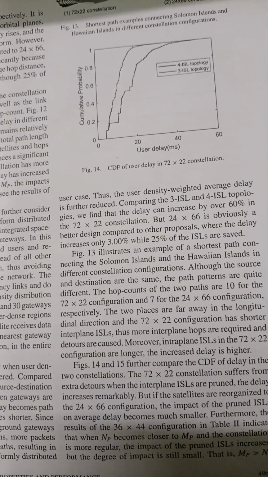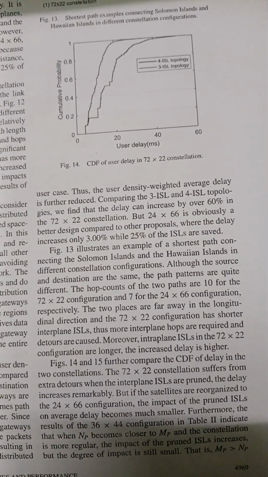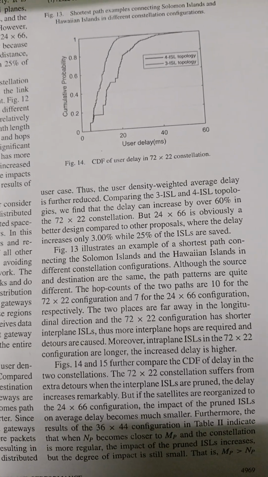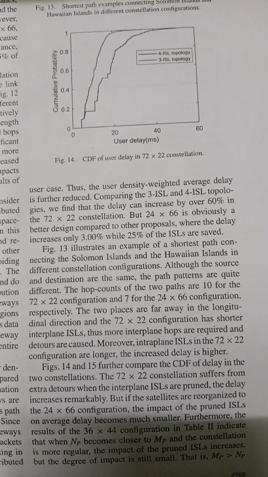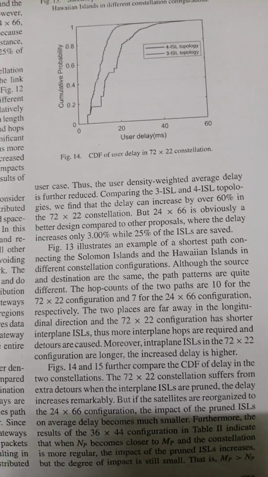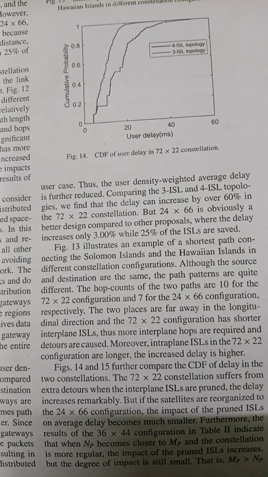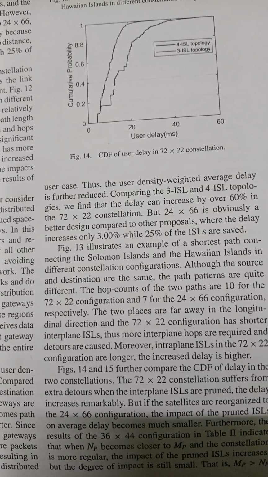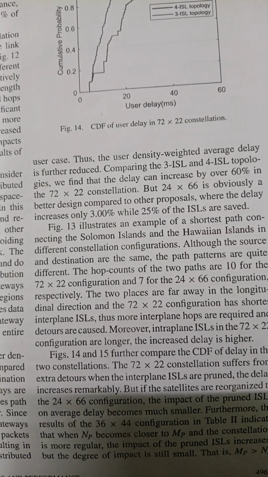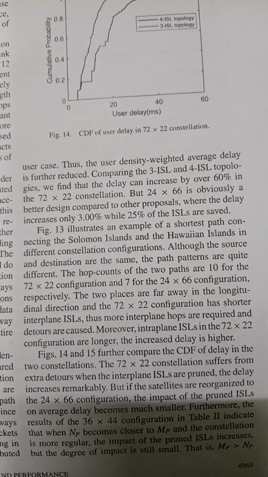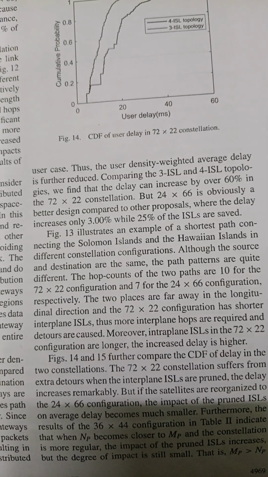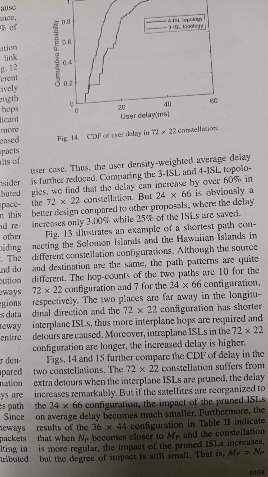The delay increases remarkably, but if the satellites are reorganized to the 24 cross 66 configuration, the impact of the pruned ISLs on average delay becomes much smaller. Furthermore, the result of the 36 cross 44 configuration in Table 2 indicates that when NP becomes closer to MP and the constellation is more regular, the impact of pruned ISL increases, but the degree of the impact is still small.